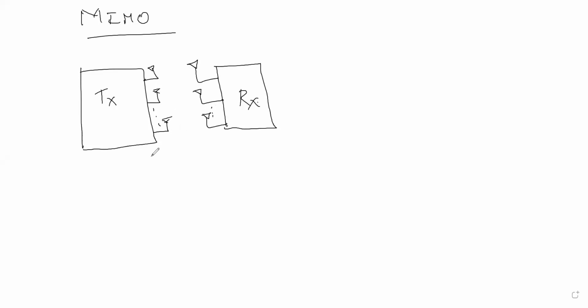For example, let us assume there are T transmit antennas and R receiver antennas. The signal transmitted from the transmitter will be acquired by all the antennas. So this is a MIMO system.